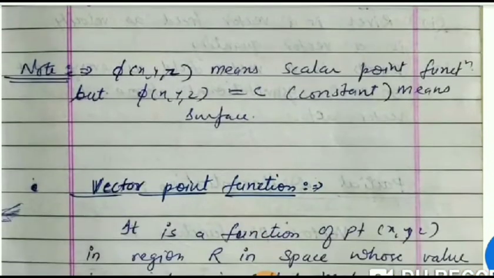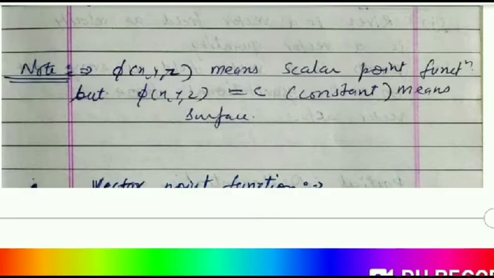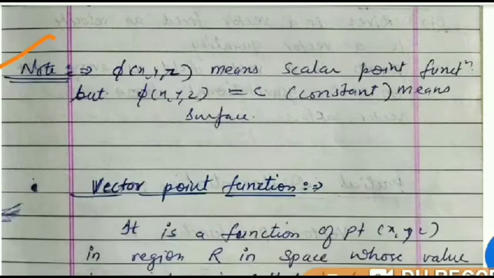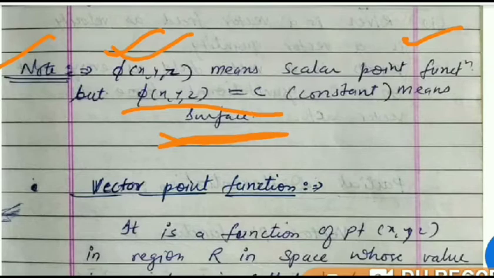We can note one important point here: phi of xyz is a scalar point function, but phi of xyz equals c is a surface.